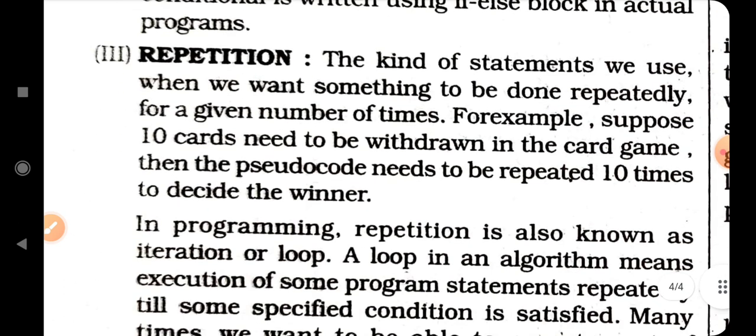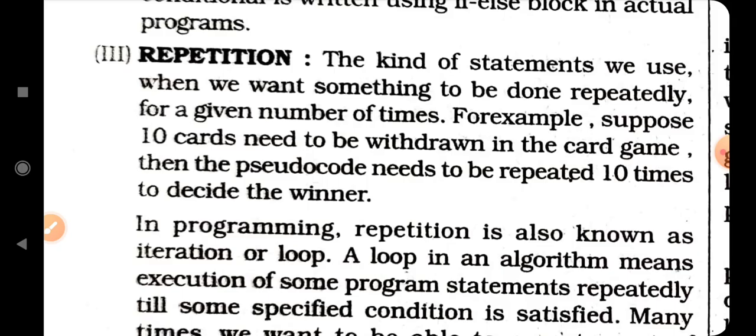Repetition. This is the kind of statement we use when we want something to be done repeatedly for a given number of times. For example, suppose 10 cards need to be drawn in a card game. Then the pseudocode needs to be repeated 10 times to decide the winner. In programming, repetition is also known as iteration or loop.